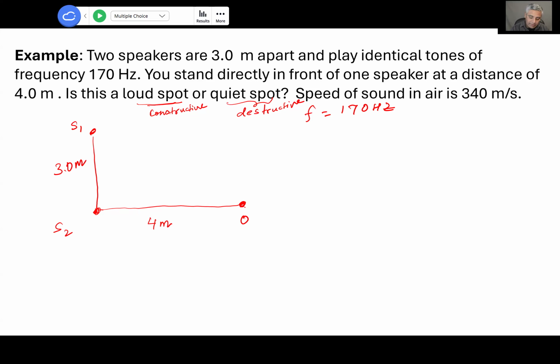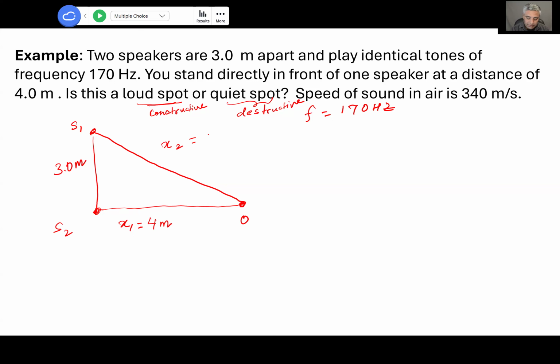For that, we need to look at the path difference. Over here it went through 4 meters, right? That's x1. And this one, x2, let's say. How much is x2? When you combine 3 and 4, it's a right triangle, right?